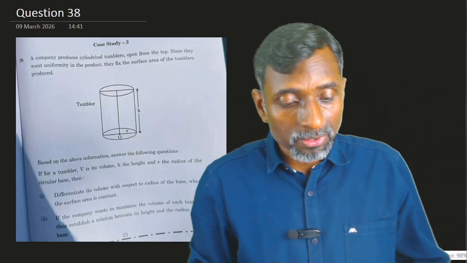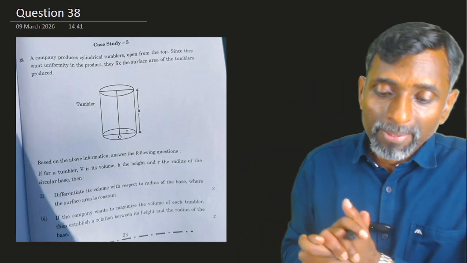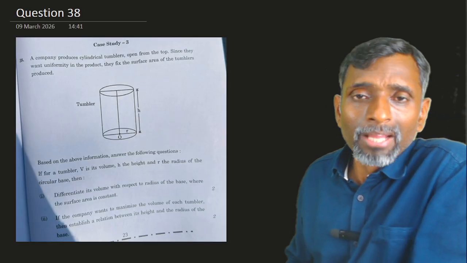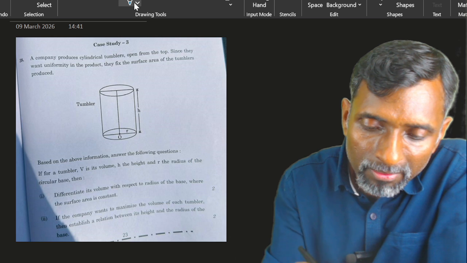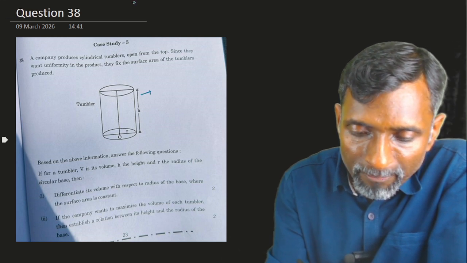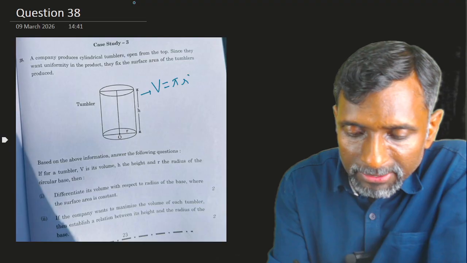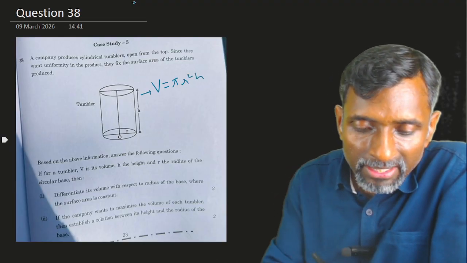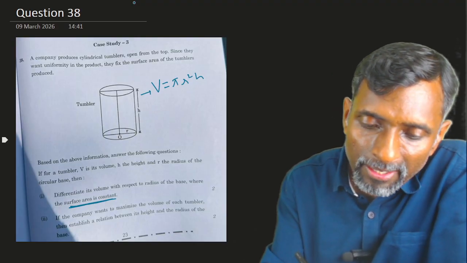Let's move to the last question. It is also a very easy question based on the cylinder, and it is a direct question based on differentiation. So volume of this cylinder is pi r square h. But it is given that the surface area is constant in the first part. So you know what is surface area?